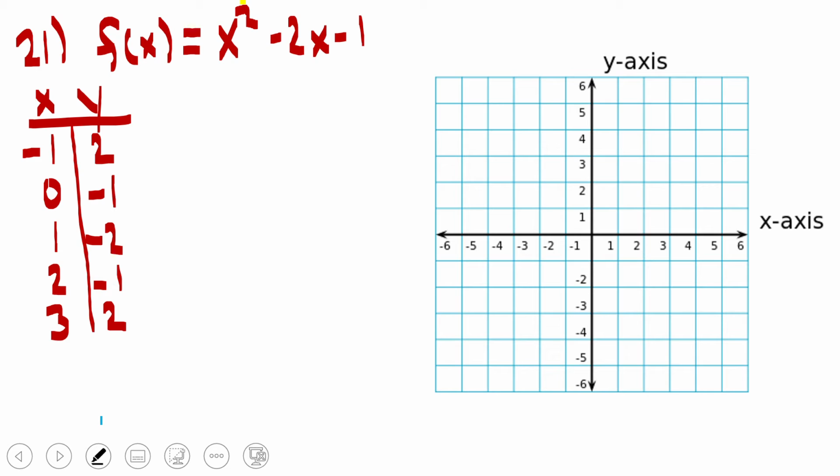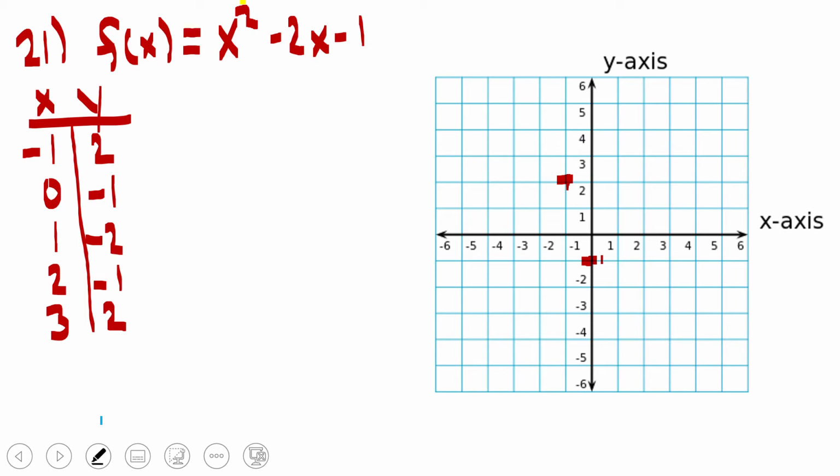All right, plotting these points. We move over to the graph and we start plotting those at -1, 2, 0, -1, and my points are going to be a little bit like lines because of my stylus.